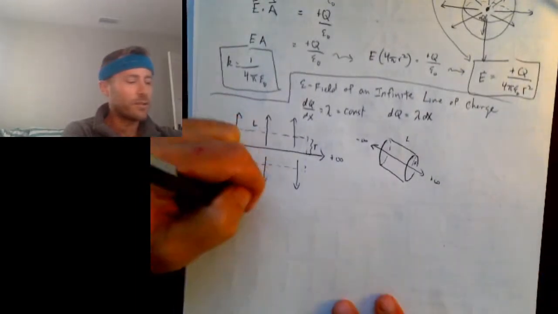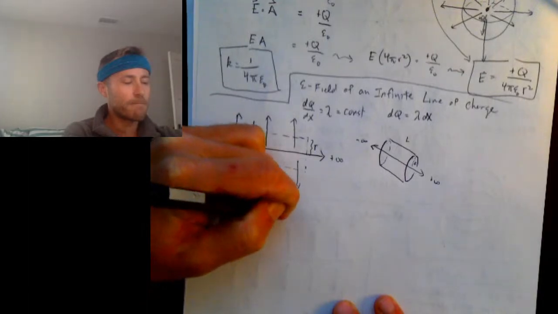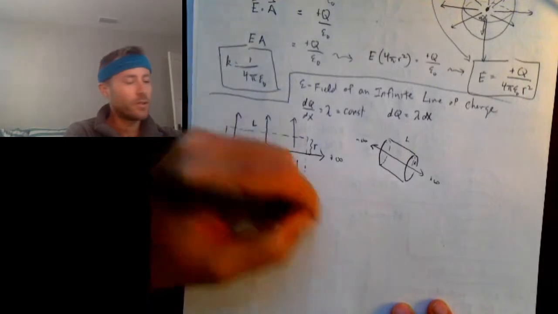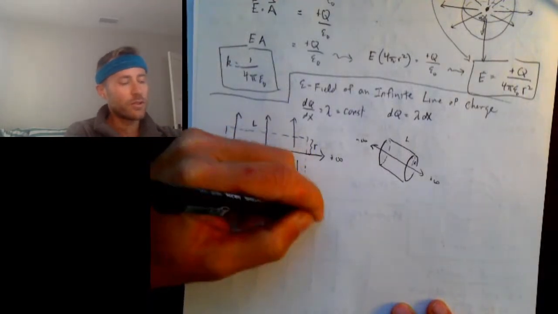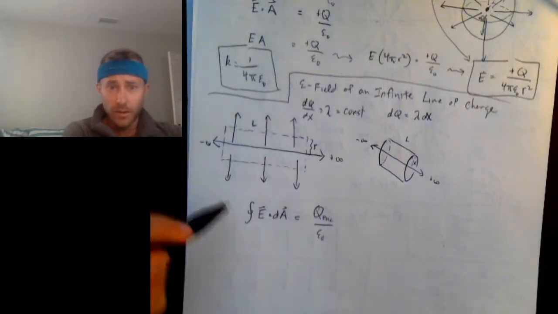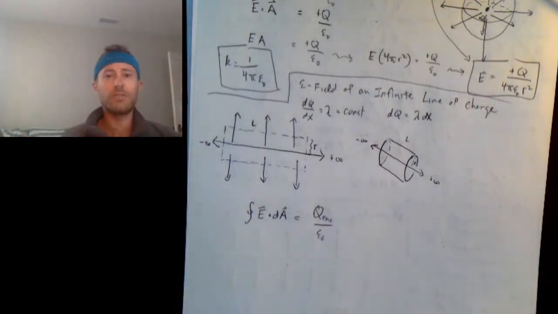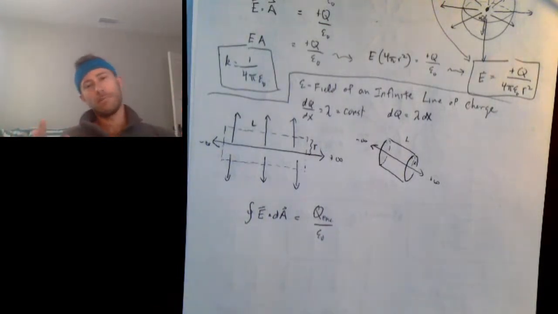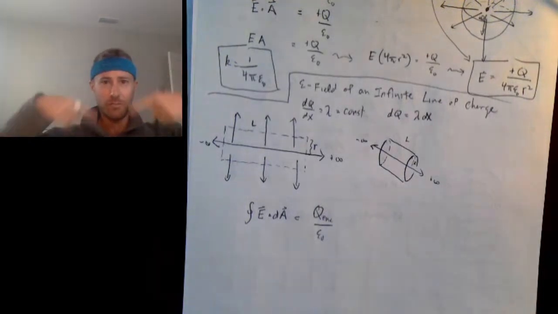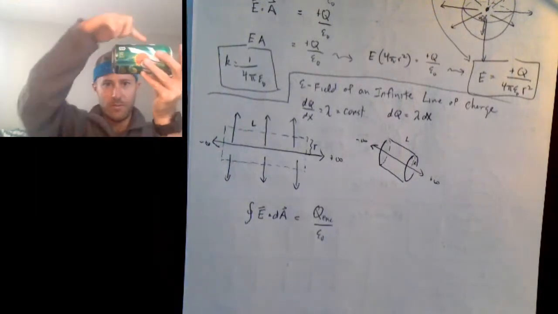Gauss's law says that the integral of E dot dA, the flux, is equal to charge enclosed over epsilon naught. Now, last time when we discussed a cylinder, I said that a cylinder has three faces. It has the two end caps, and then it has the middle face. So you have 1, 2, 3.